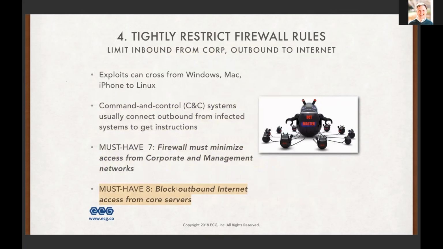There's no reason that your core servers should be designed to go directly out to the public internet. What you may want is to allow them access to certain individual IP addresses or servers. It's a little bit more controlled to set up a VPN so that you've got VPN access to certain places, so that you can control the pathway and control against man-in-the-middle attacks. But unrestricted access from your core systems to the internet is not necessary and can be harmful.